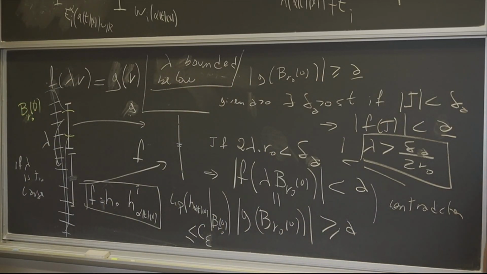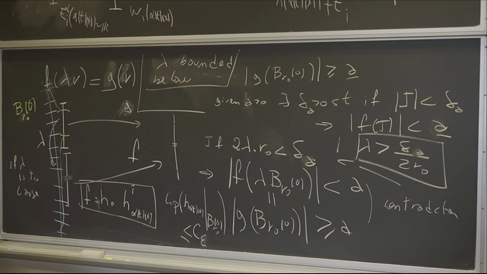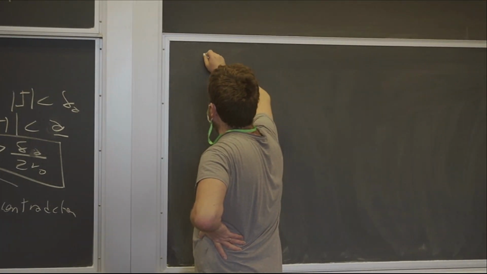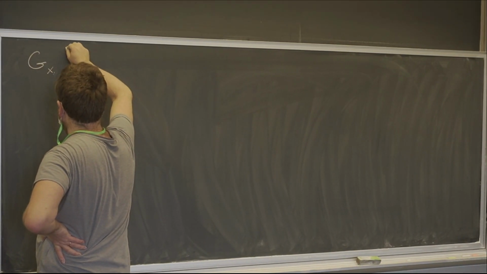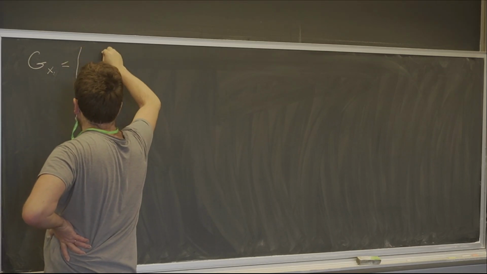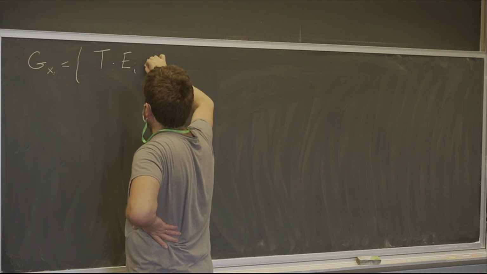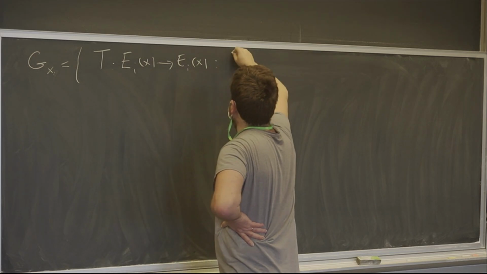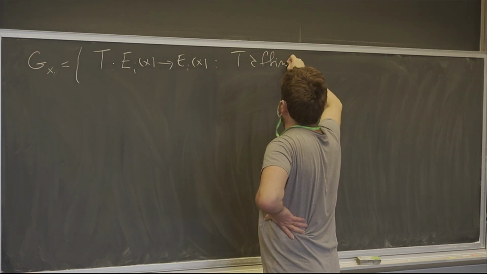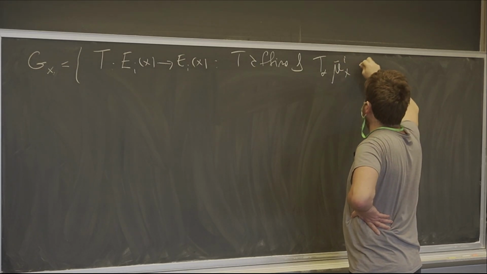And so the main business here is that we can control lambda. And now let's discuss the end game of the rigidity. So we define G of X as all the transformations T from the space to itself such that T is affine and T star mu bar is preserved.